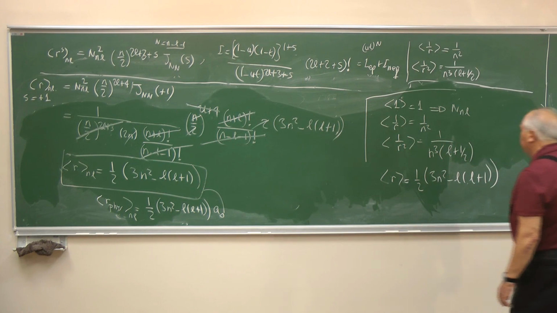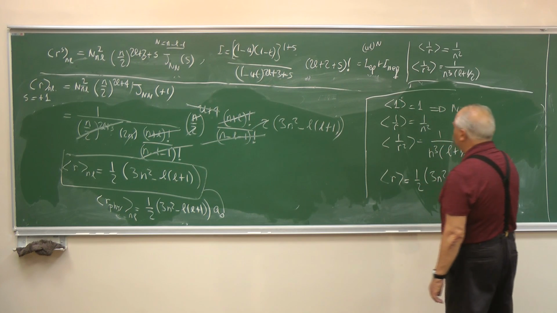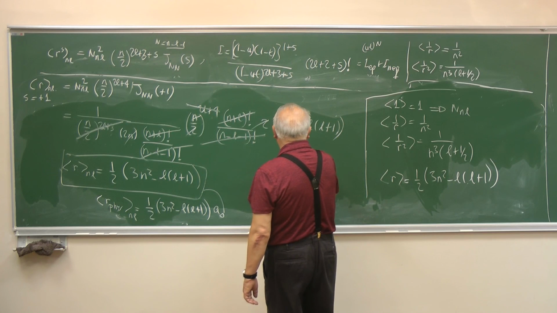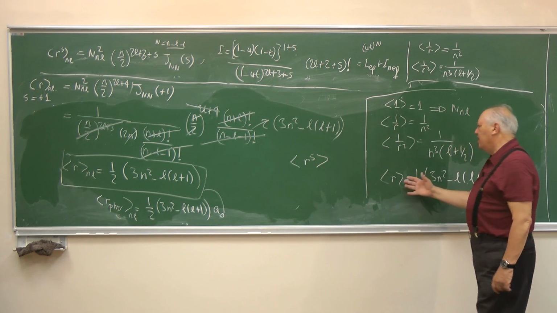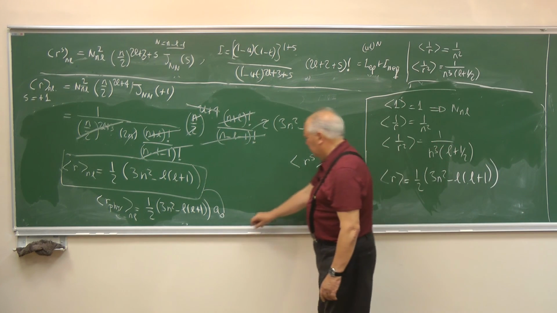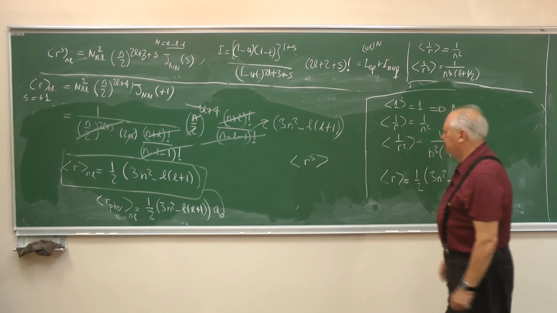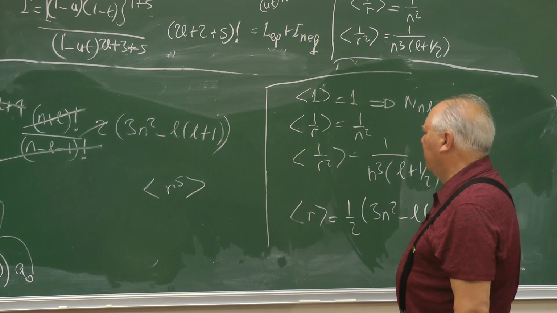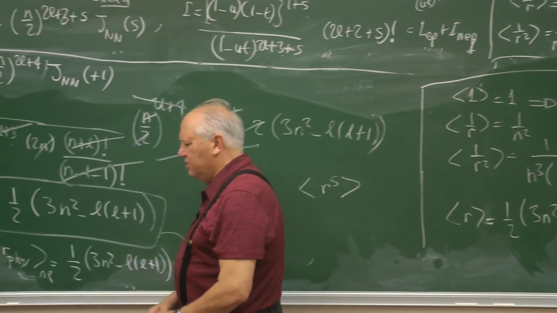Now, these are the examples I chose in the computation of r to the s. Of course, you can go to higher powers, and in the literature you can find, with more sophisticated methods, results for other powers. But at least this was a good exercise.